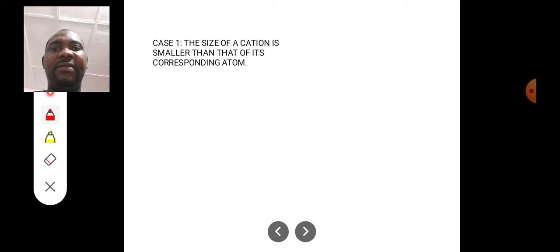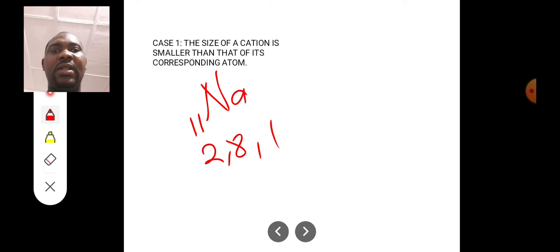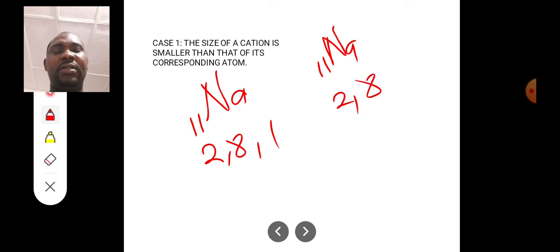Let's say we have an element, sodium, for example. Now, sodium, the configuration is 2, 8, 1. Now, if it loses an electron, the configuration will now become 2, 8. It has lost one electron. So first of all, how do I know this is a sodium ion? It should be Na+.